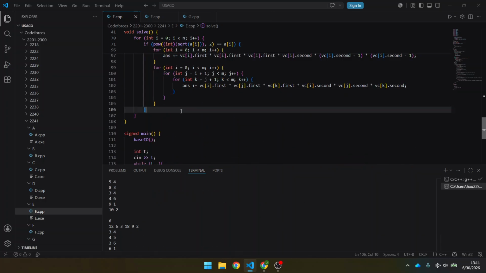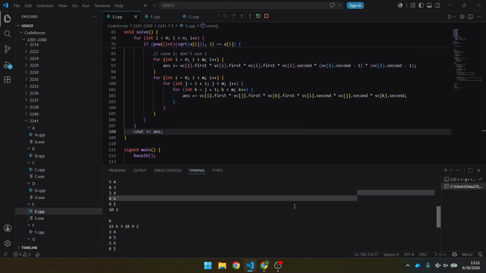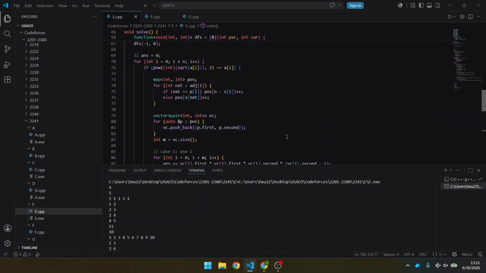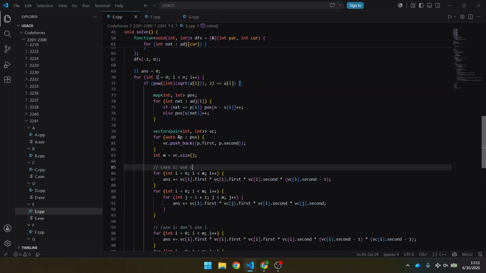So we didn't output anything. 38, 176, and 11. Well, we already used this side.